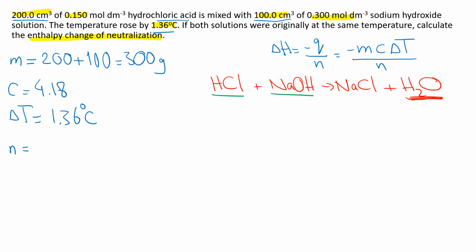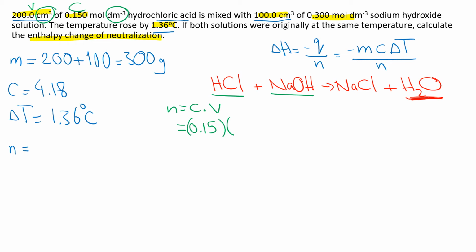What we have here, HCl. What is the number of moles of HCl? We have here V and C. So the number of moles n is equal to C times V. Do we have C? Yes, it is 0.15. Do we have V? Yes, V is 200, but we have to care about the unit here. It is cubic centimeter, and what we have in the concentration is cubic decimeter.